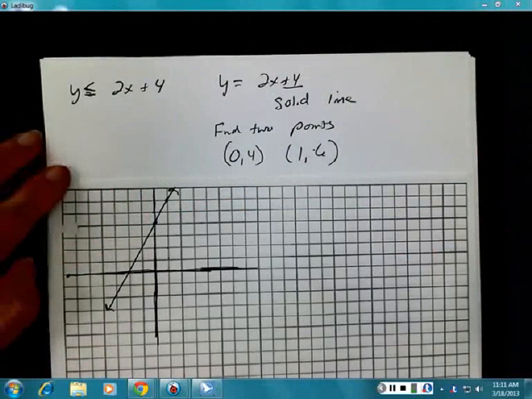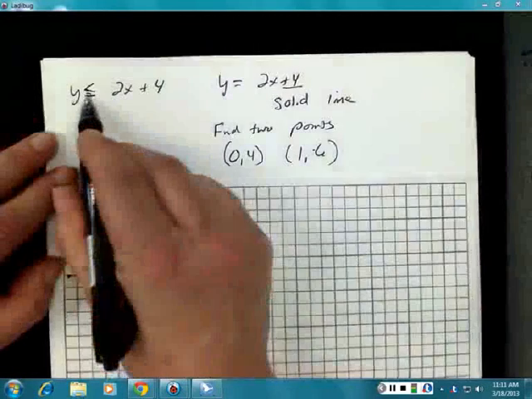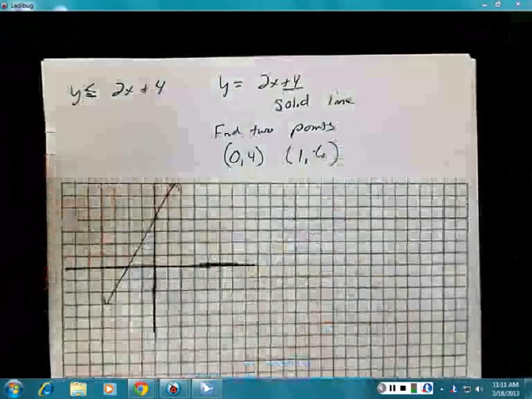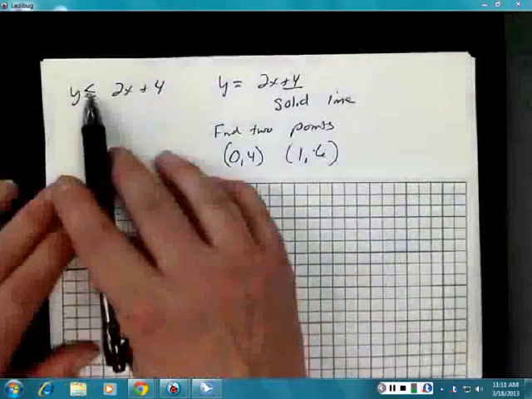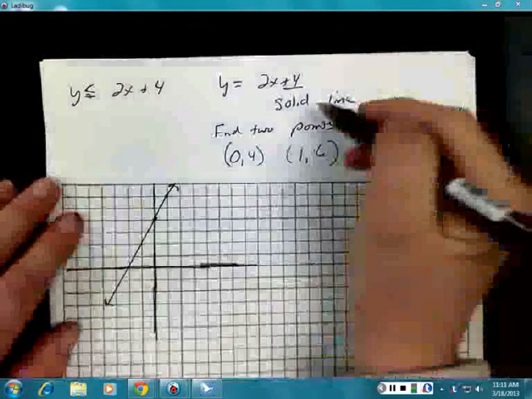Yes? So a greater than or less than sign is a dotted line and an equal sign is a solid line? Yes. Okay. Yep. If in your inequality you've got an equal sign right here, then my line is solid. If I don't have an equal sign in there, then it's dashed.